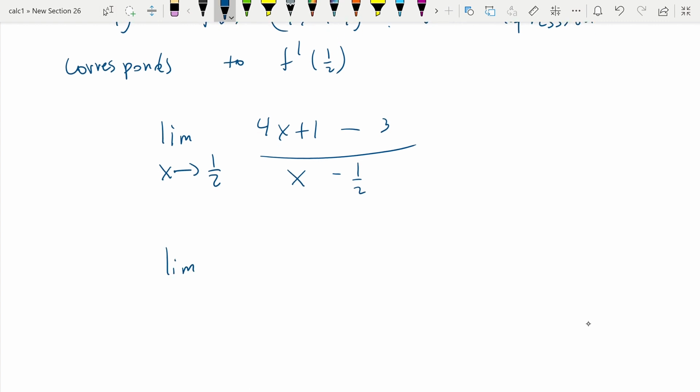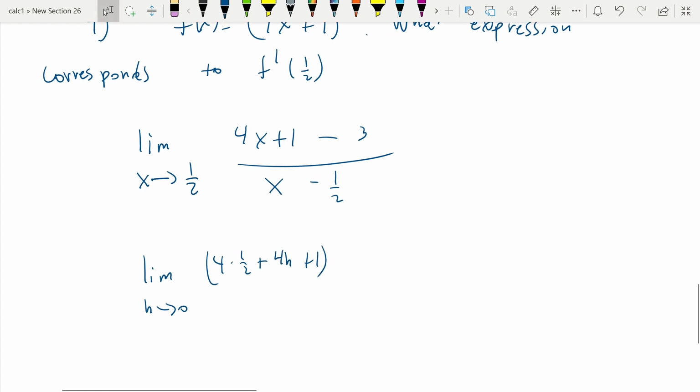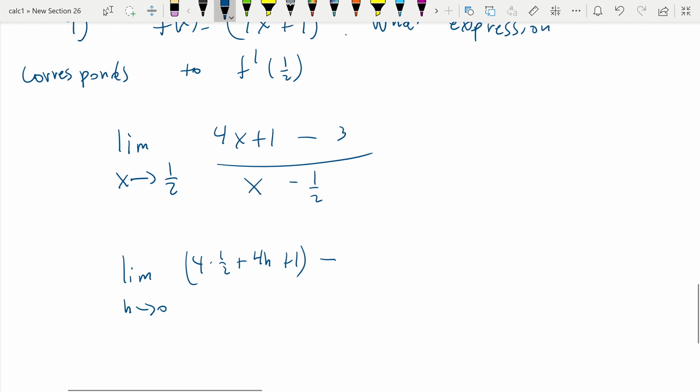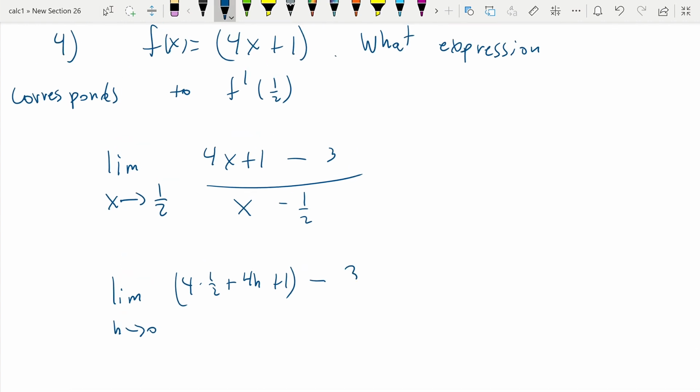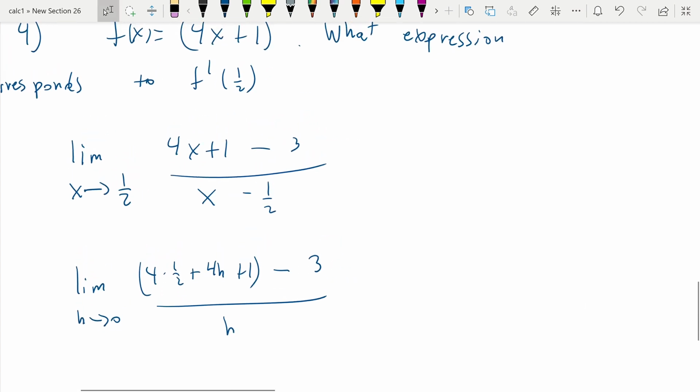The second one may be the limit when h approaches 0 of 4 times 1 over 2 plus 4 times h plus 1 minus 3, all that divided by h. So what would be your answer here?